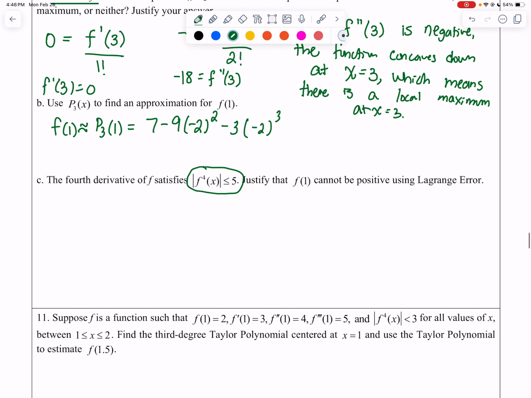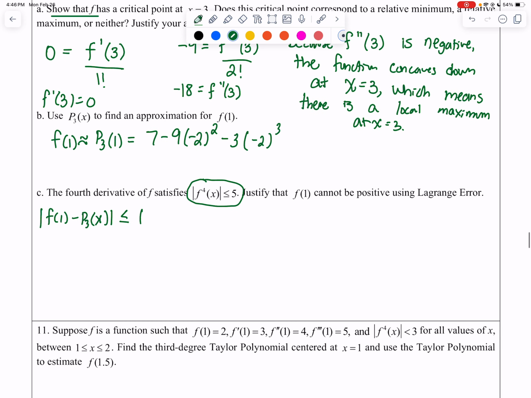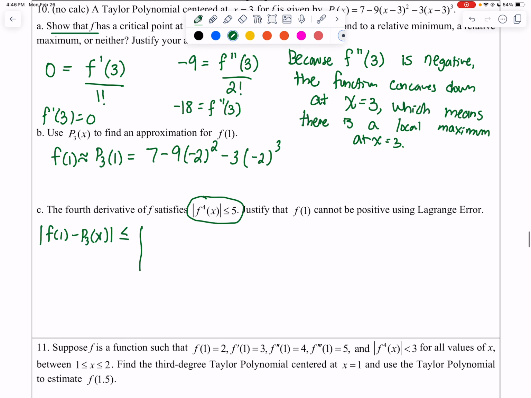Okay, so we have the absolute value of f of 1 minus p sub 3 of 1, and that's going to be less than or equal to my maximum fourth derivative, in this case it's 5.